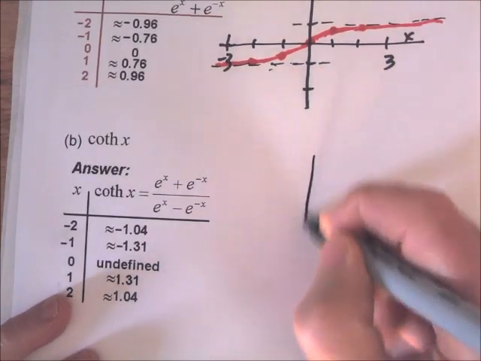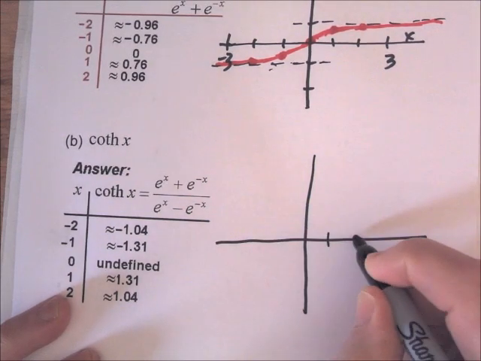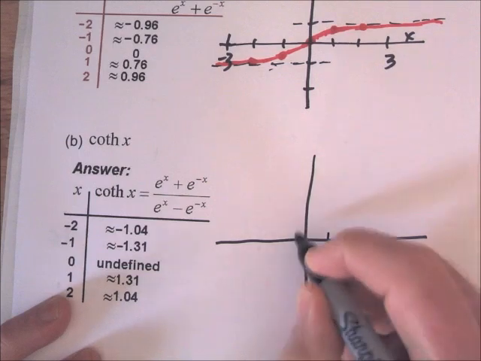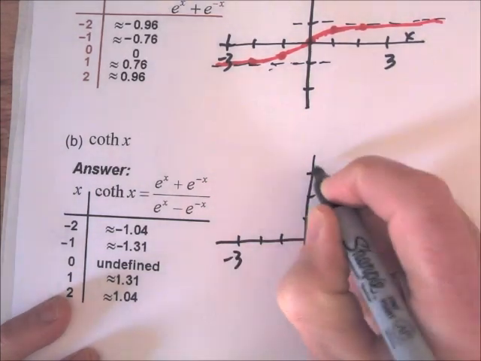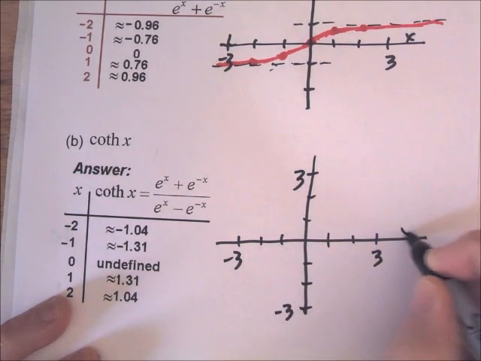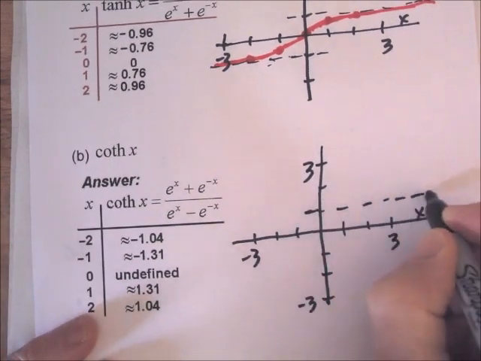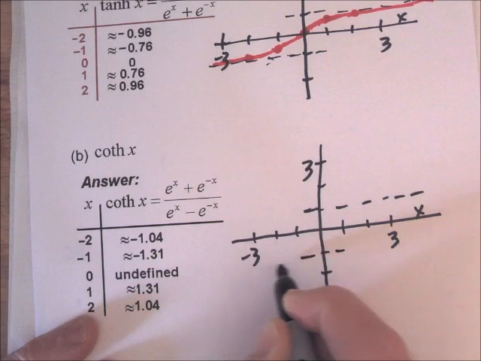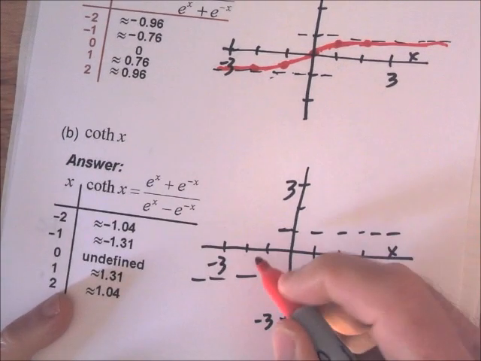So let's plot the points here. Okay, so we have these same horizontal asymptotes. We'll draw those in. And we'll plot the points. So it's 2 to the left, down a little bit past 1.